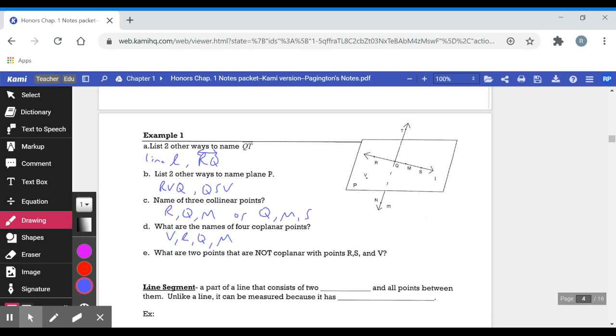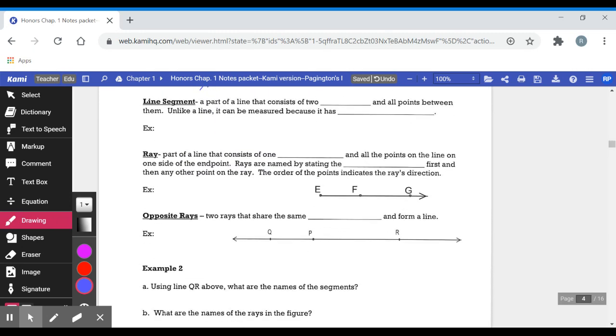So if you think about a pencil punching through a sheet of paper, T and N are not on the same plane or sheet of paper. So those would be the answers to E. So on A, B, C, D, and E, you could have different answers than what I have, but on E, those are the only correct answers. You wouldn't want to say M because that's not a point. All right, moving right along.